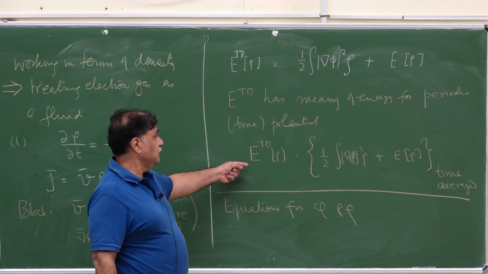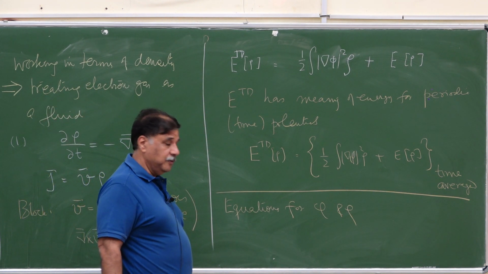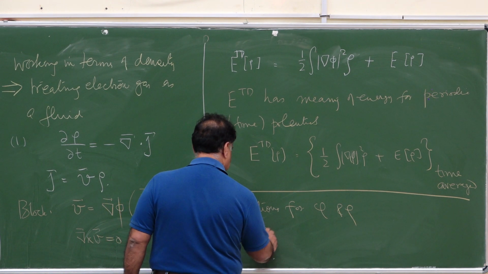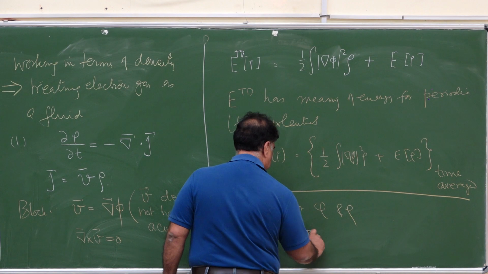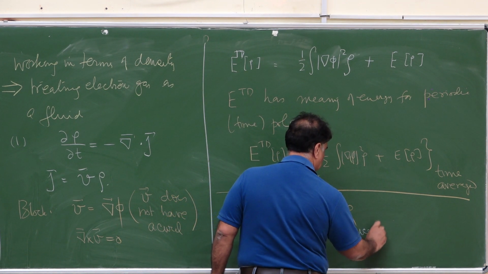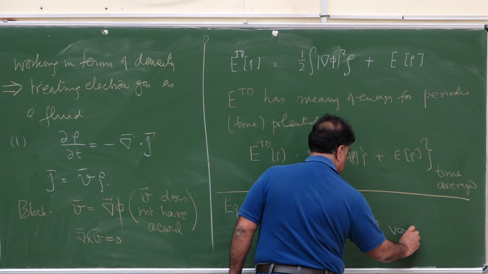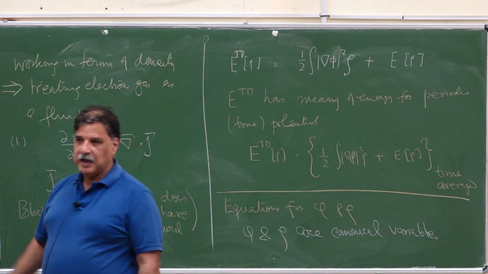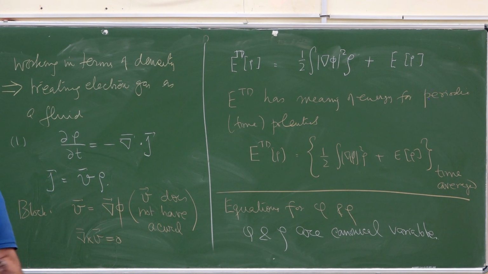The only thing I can minimize is this, but in general, I don't know how to minimize it. So what I'm going to show you is that phi and rho are canonical variables in the sense of Hamilton's principle.